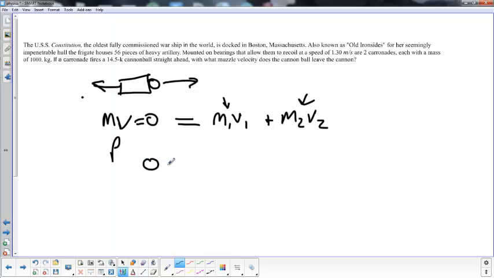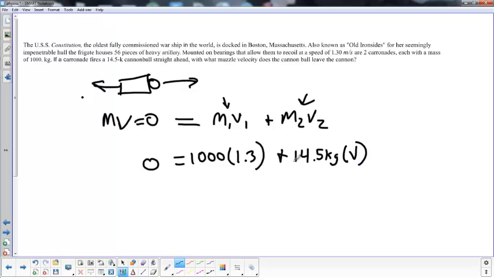So 0, because that's our momentum to start with, and we're going to conserve it, equals cannon. What's the mass of the cannon? 1,000 kilograms. And the carronade goes backwards with a V of 1.3, because that's the recoil, plus m2, the mass of the cannonball, 14.5 kilograms, and we're looking for the muzzle velocity.